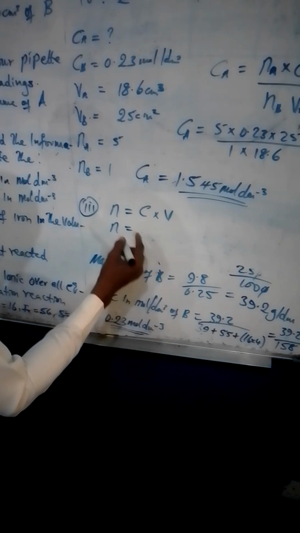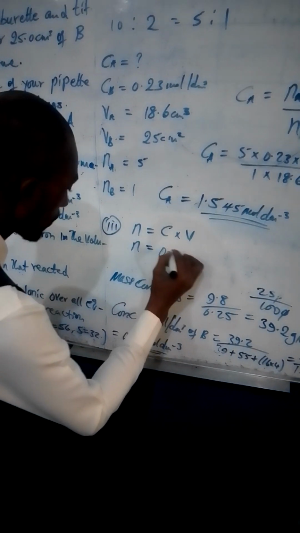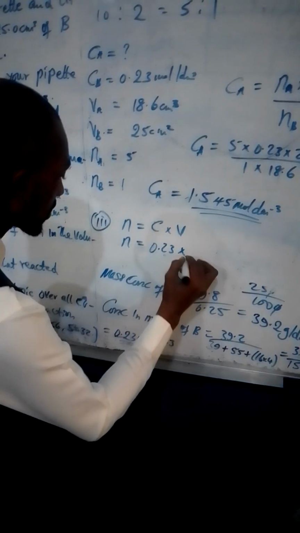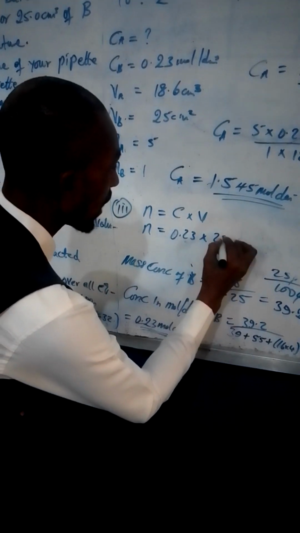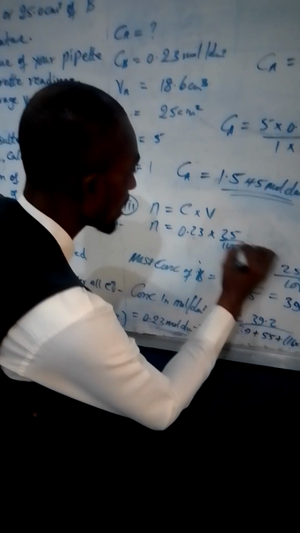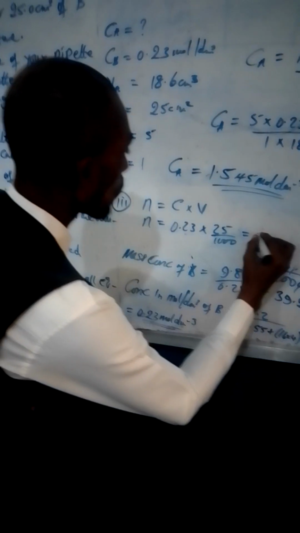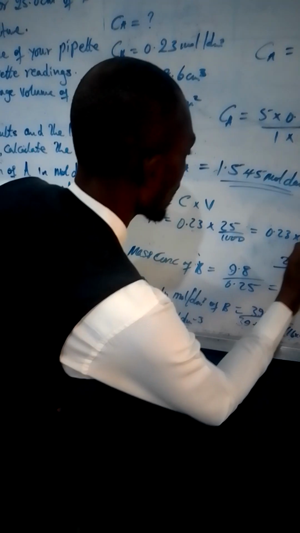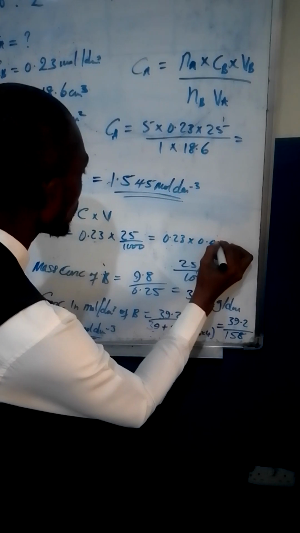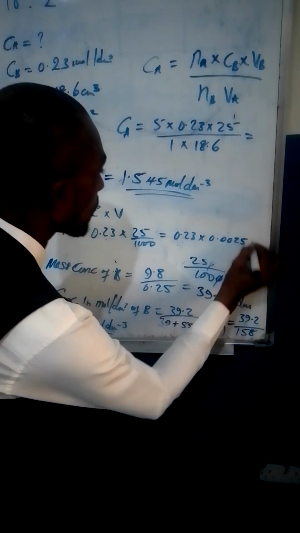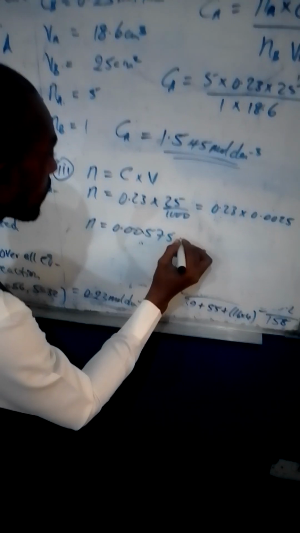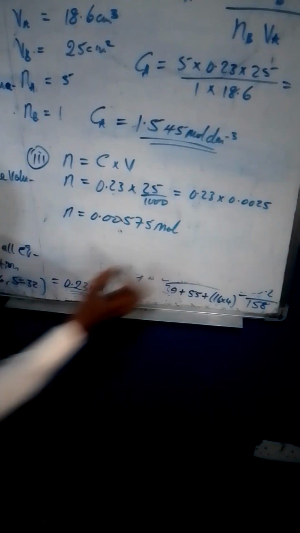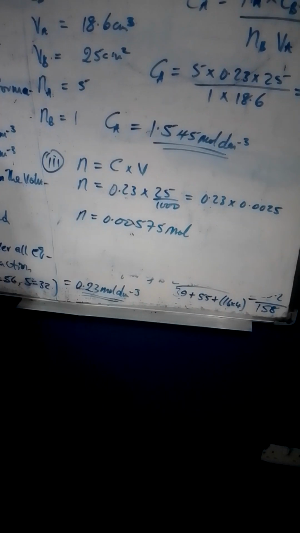So this one is going to be 0.23 times the volume of the pipette, which is 25 divided by 1000, 0.025. So it equals 0.23 times 0.025. So we have 0.00575 mole. That is the amount in that.